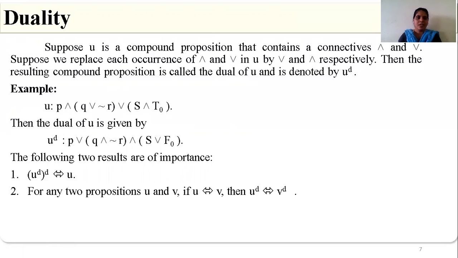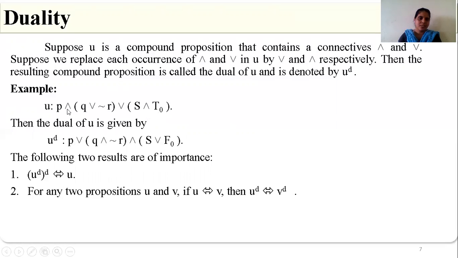Wherever we encounter an and, that has to be replaced with or. Wherever we encounter an or, we replace it with and. If there is a true value, that has to be replaced with false.